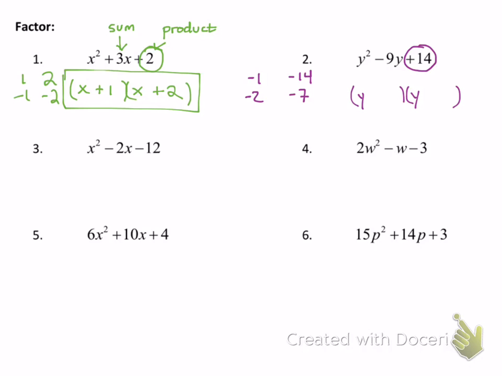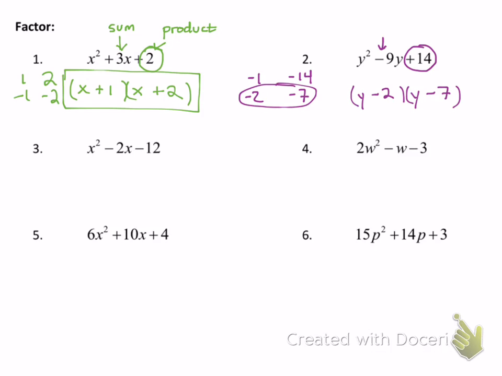Positive times a positive gives me a positive, or even negative times a negative gives me a positive. But this middle term, when I add the two numbers, I'm going to get a negative. So that signifies to me that my factor pairs are going to be negative. Okay? So the two numbers that multiply to positive 14 and add to negative 9 turn out to be negative 2 and negative 7.